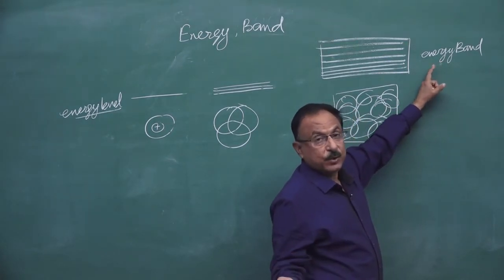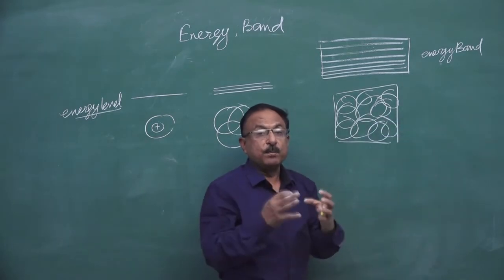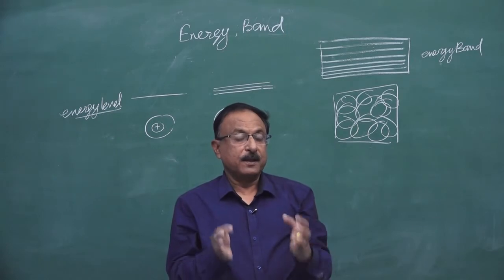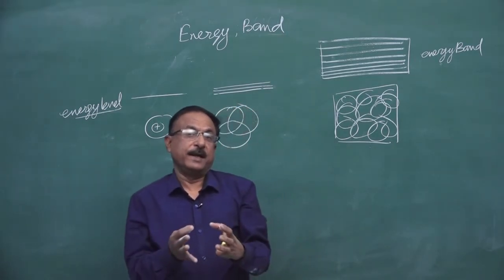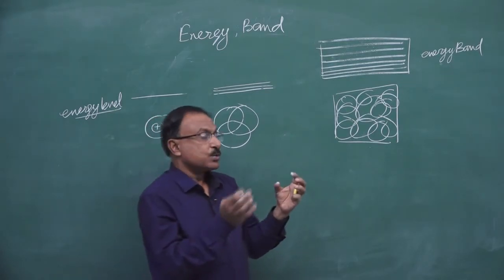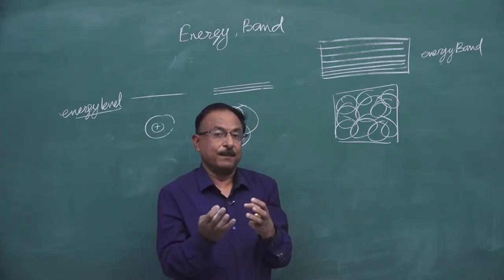So what is an energy band? An energy band is a group of closely packed energy levels. When does it form? It forms when a large number of atoms are tightly packed in a crystal. They are so close that their orbitals overlap.